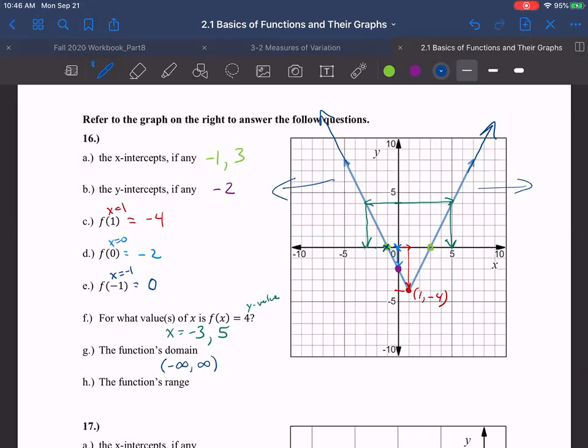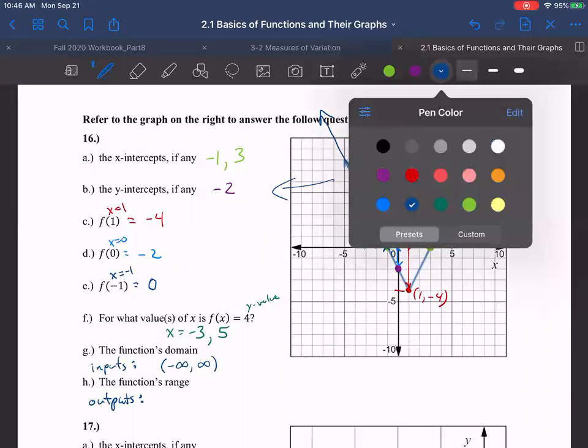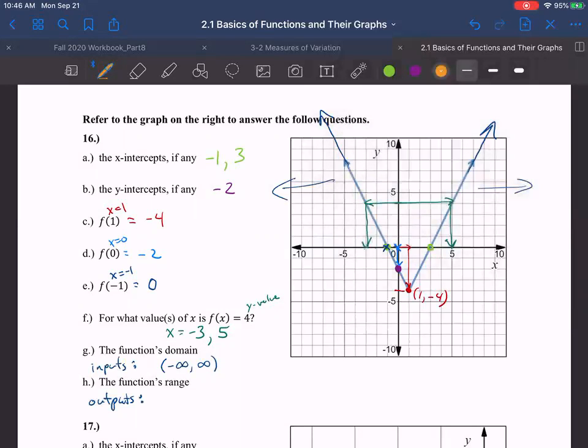Now, the function's range, this is all of our outputs, right? So this one is our inputs, right? This is our outputs. Well, if you look here at our outputs, let me do that in orange. If we look here at our outputs, all right, they stop here. They don't go below y equals -4.